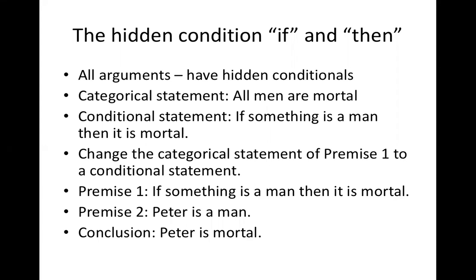So let's go back to our argument. All men are mortal, Peter is a man, Peter is mortal. Premise 1 changes from all men are mortal to if something is a man, then it's mortal. Premise 2 and the conclusion remain the same.